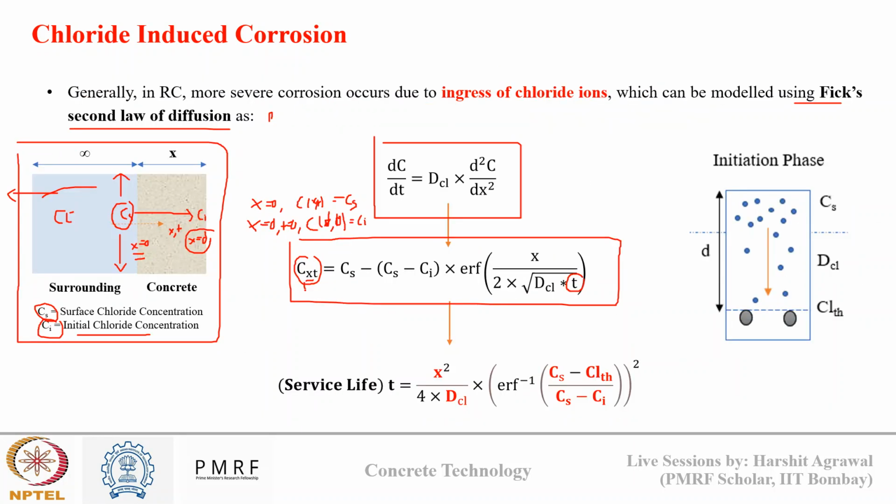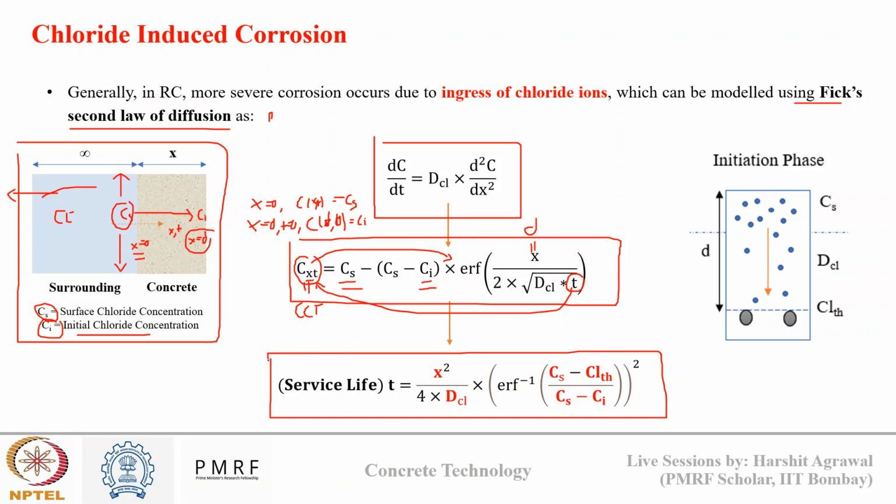So when this value reaches the critical chloride, and x will be equal to d, and I know the surface chloride concentration and the initial chloride concentration in the system, I can rearrange this equation so that I take time on the LHS and all other terms on the RHS. If I do this rearrangement, I will get the service life of my concrete, if I assume that the propagation period is negligible and just the initiation defines the end of service life.